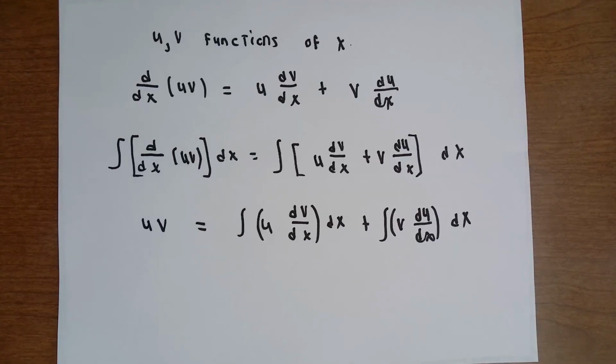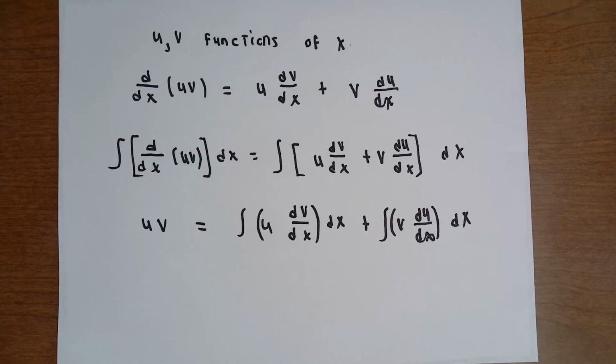Doing so, if I find the derivative of uv, and then I find the antiderivative of that, I end up with u times v. Really, u times v plus a constant, but as usual, I'll wait till the end to put the constant on. Over on the right-hand side of the equation, I am integrating with respect to x the sum of two things, so I can think of doing the integrals separately.